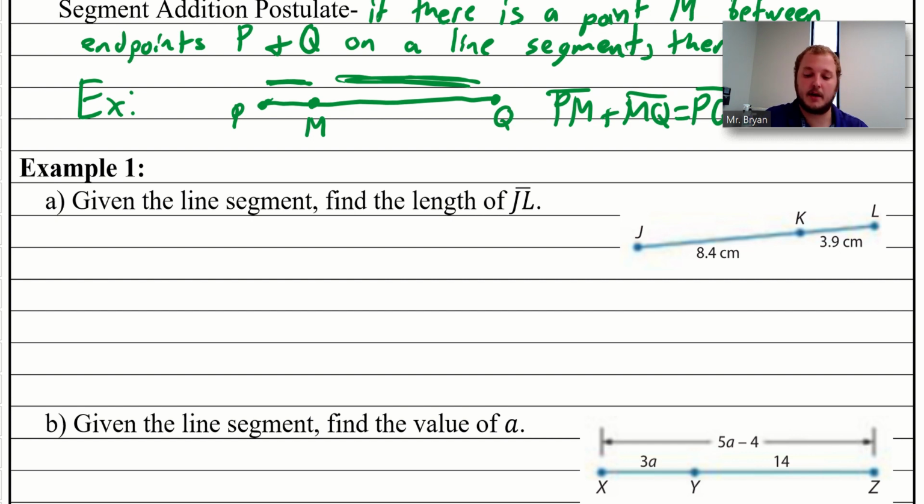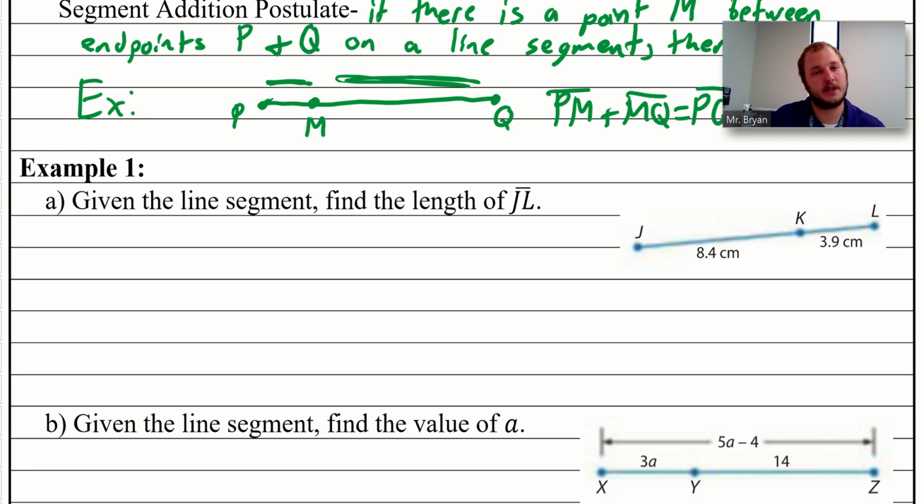Make sure you draw this diagram, make sure you have the specific length, so the 8.4 centimeters and the points, and then once you're done writing that, you can unpause and come back. Okay, so if you have it written down, and make sure that you do have it written down in your notes, if I'm looking at this and I want to find the length of JL, and I'm thinking without using numbers, just using the names of the segments, how would I come up with an equation?